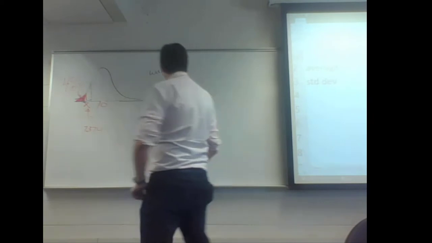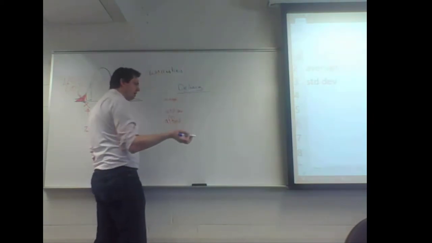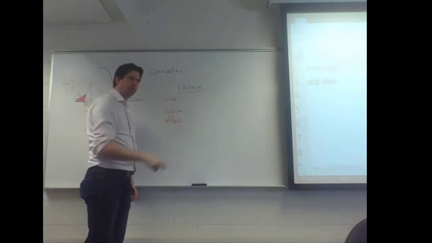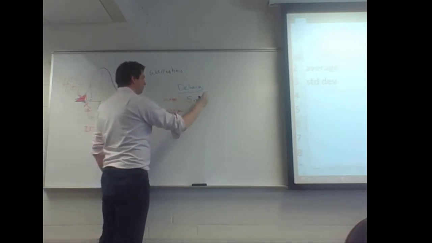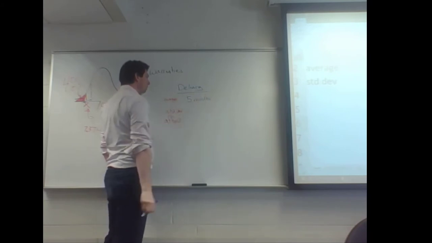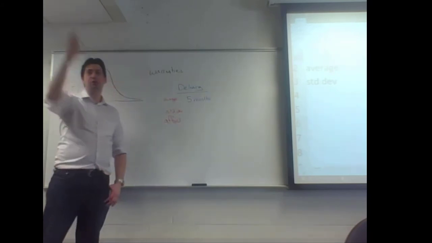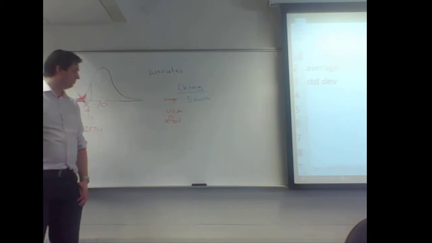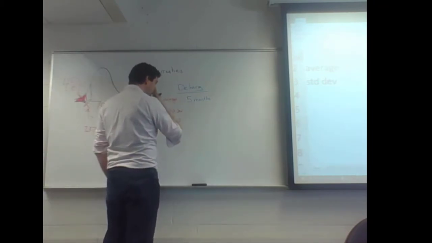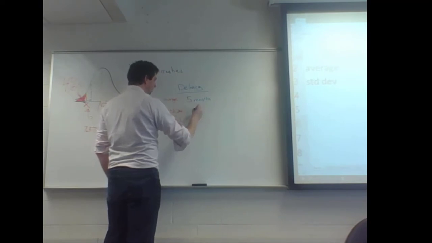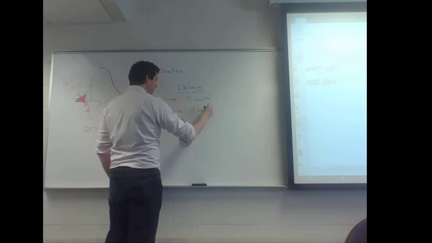So let's imagine that on average, because this is business facing, right? You're selling to businesses. So we're not doing like an Amazon 2-day thing, but maybe it takes an average of 5 months. Maybe a shipment comes over from China, or Vietnam or somewhere, with a standard deviation of, let's just make our numbers simple, 2 months.